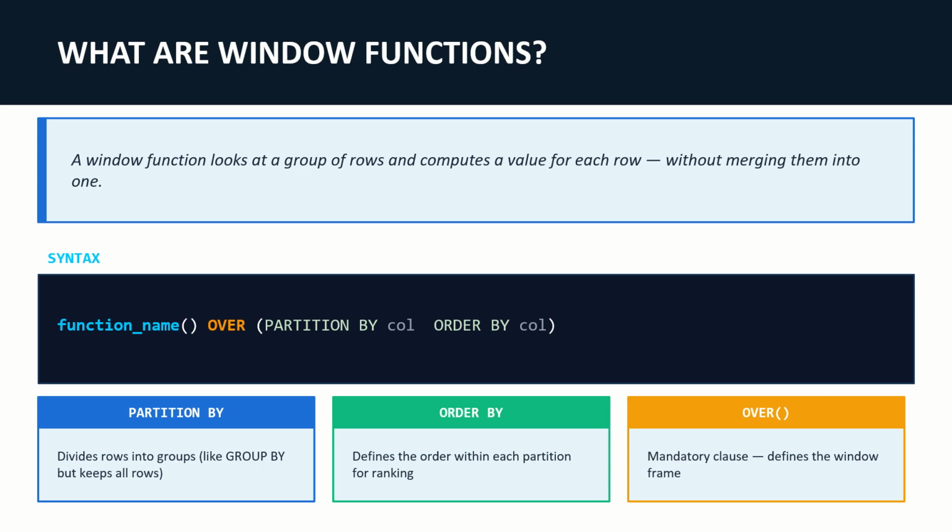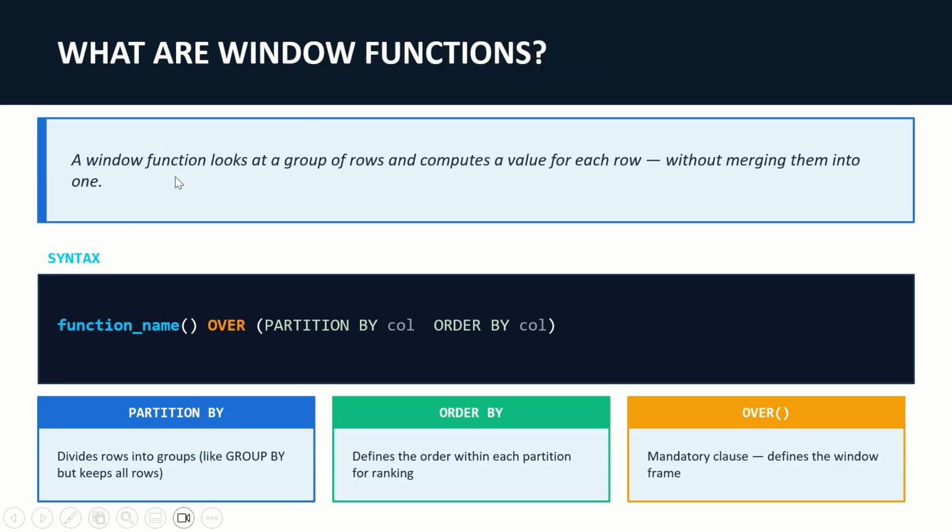For ranking window functions, we have ROW_NUMBER, RANK, DENSE_RANK, etc. For aggregate, we can have SUM, AVG, etc. And for analytical window functions, we can see functions like LEAD, LAG, etc. However, the topic for our consideration here is only ranking window functions, where we will see ROW_NUMBER, RANK, DENSE_RANK, then NTILE and PERCENT_RANK.